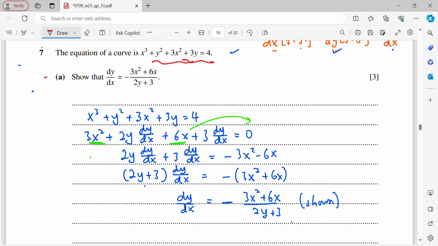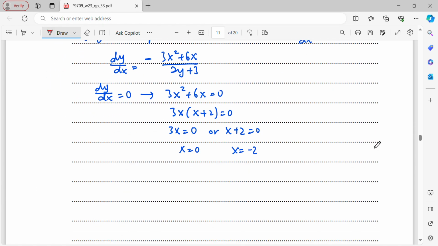So here I will rewrite the whole curve equation in order to get the y coordinate. From the curve equation, when x equals 0, I will get y squared plus 3y equals 4.